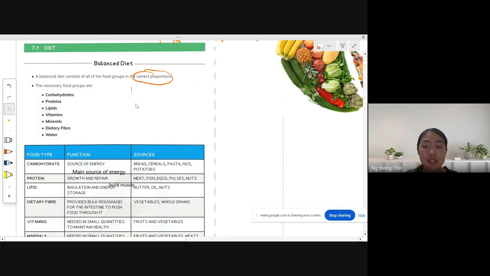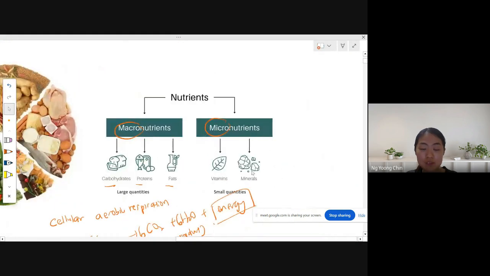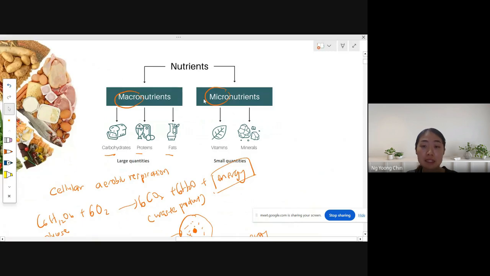Generally, the nutrients that we learn are classified into macro and micro. Macronutrients and micronutrients. What is meant by macronutrients? Macronutrients means that our body requires those nutrients in a very large quantity. For example, these three nutrients, carbohydrates, protein, and fats, are classified under macronutrients.